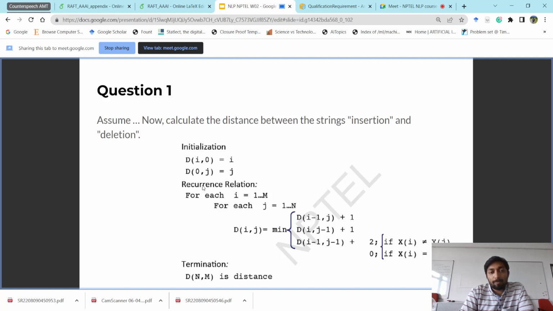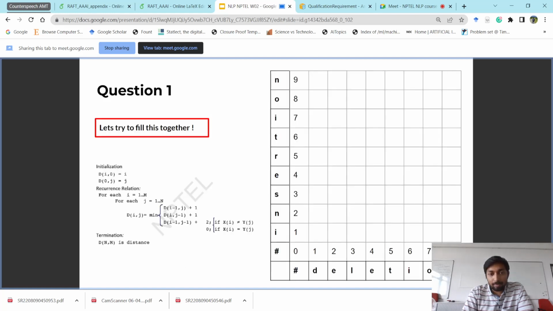So how this algorithm works is you start with d(i, 0) equal to i. Here it means that, it is better to show with an example. So d(i, 0), this is the ith row and this is the jth column.